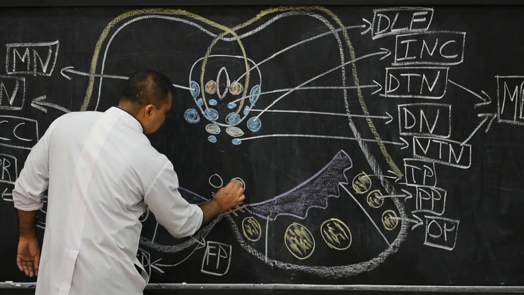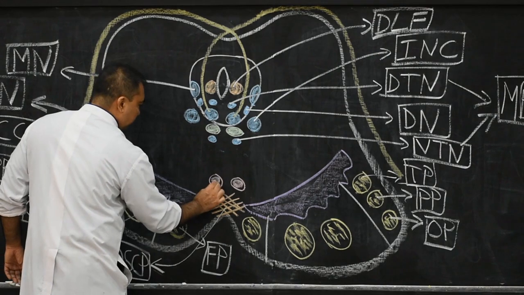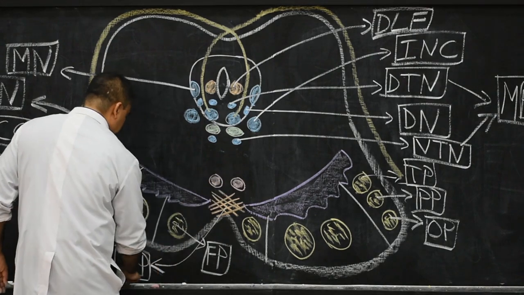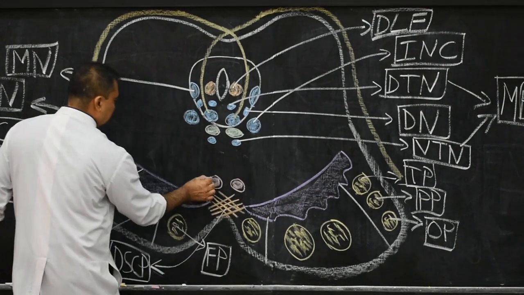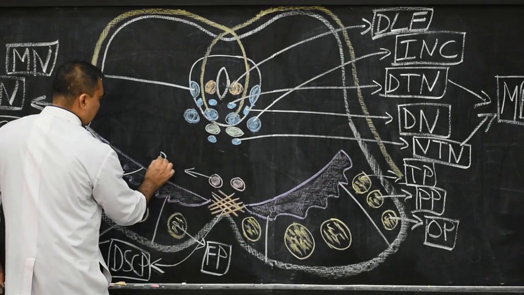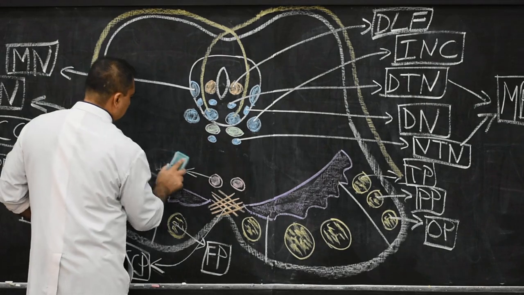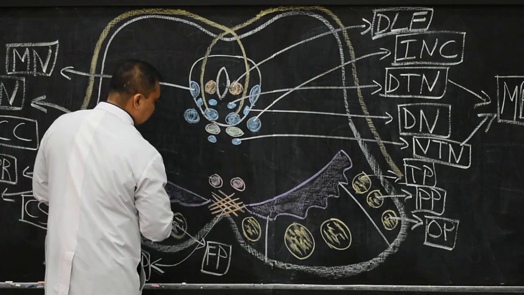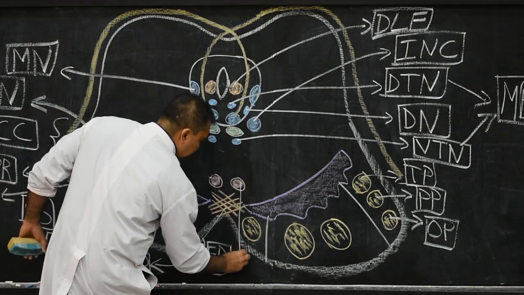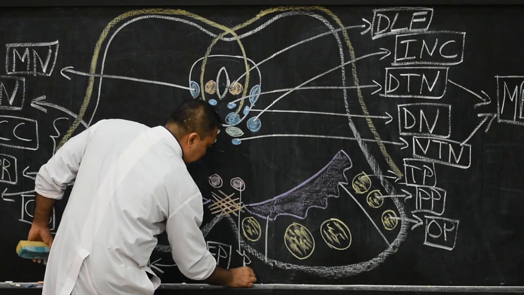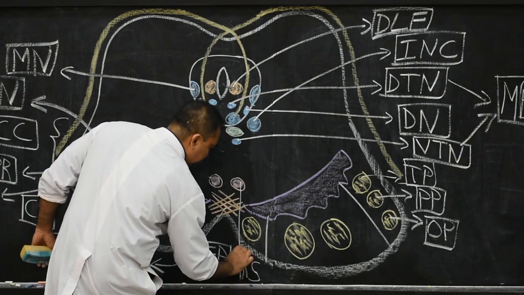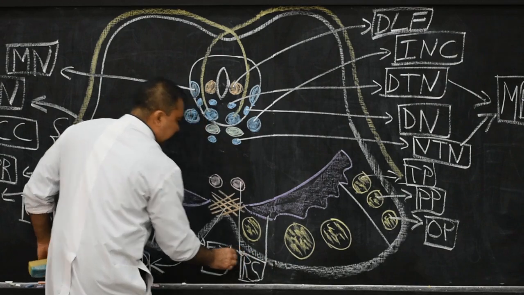These are the two, right and left side rubrospinal tracts. I should not draw inside because we have to draw certain other things also. So here we will write rubrospinal tract, coming from the red nucleus going to the spinal cord.